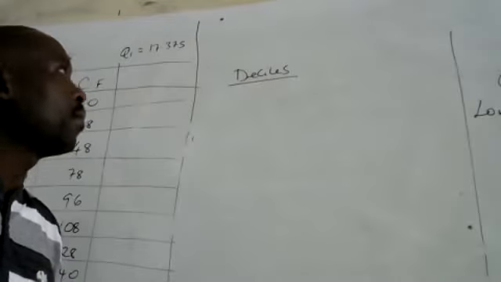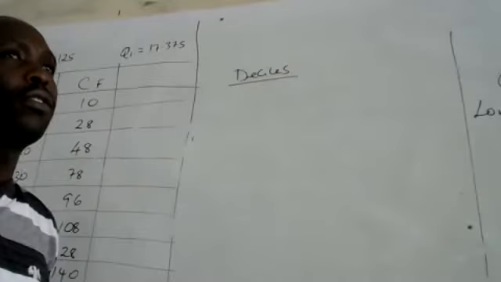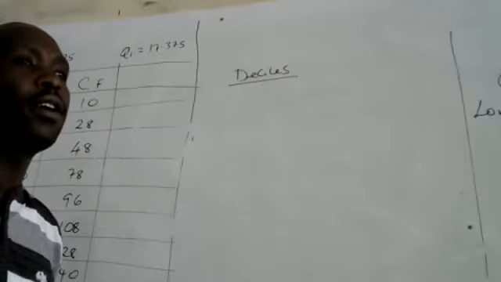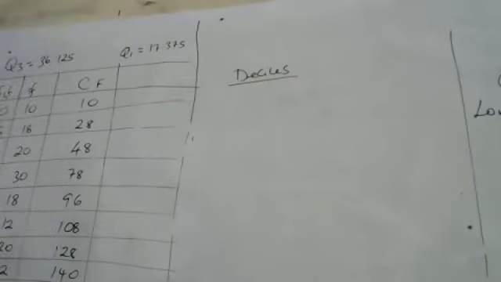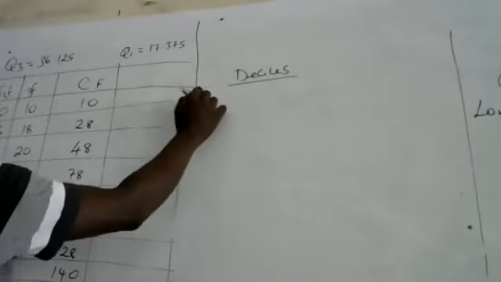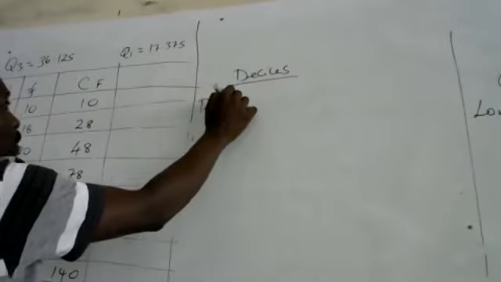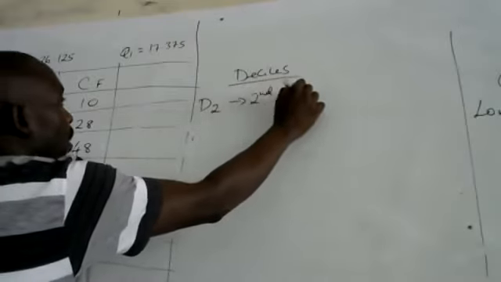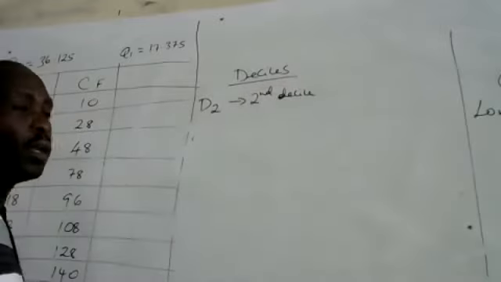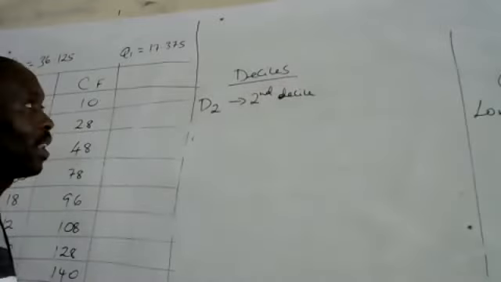They are represented as follows. You can have maybe D2, which means the second decile.